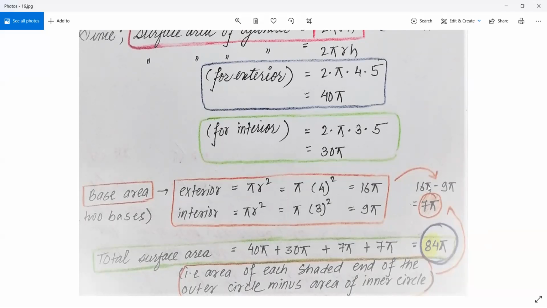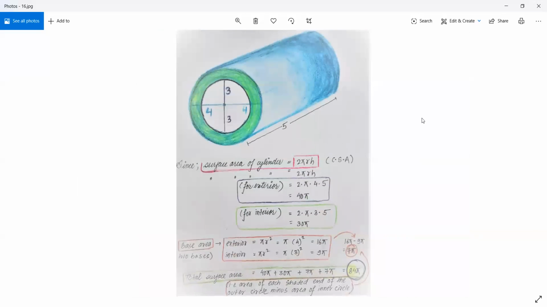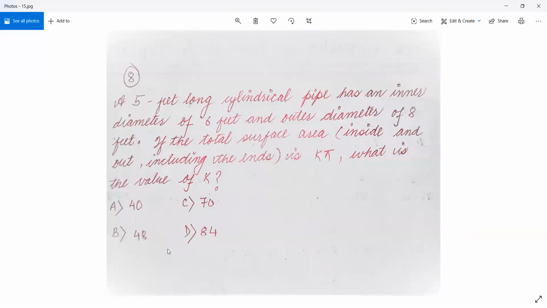Comparing 84 pi with k pi, pi will cancel, and k is equal to 84. So when you check our options, D is the correct answer.